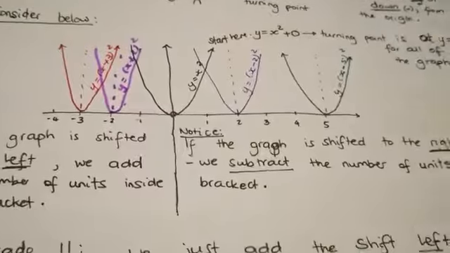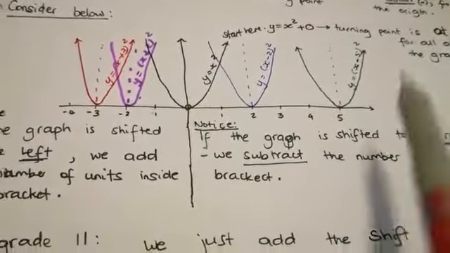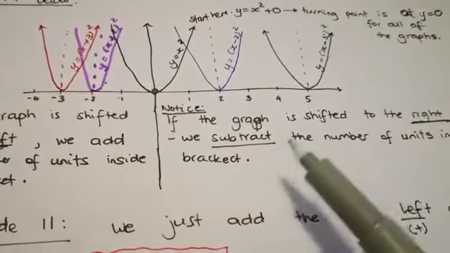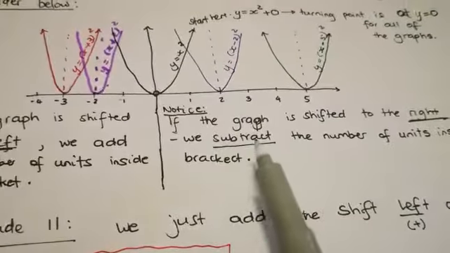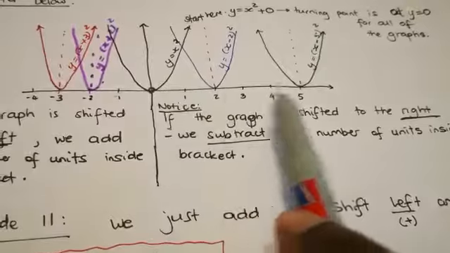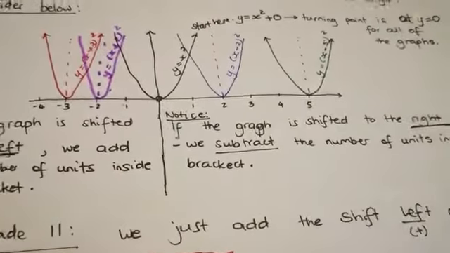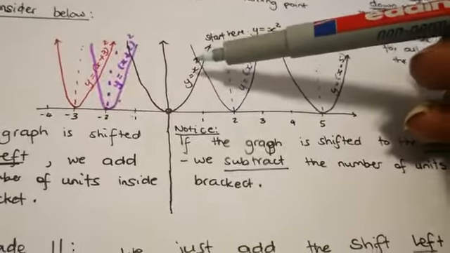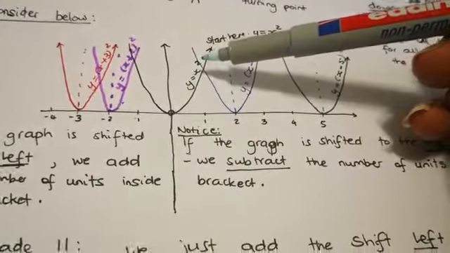So it's the opposite, because we know the right values are positive. It's the opposite sign inside the bracket. If you shift it 5 units to the right, you subtract 5 inside the bracket, and then you keep the square as it was originally.